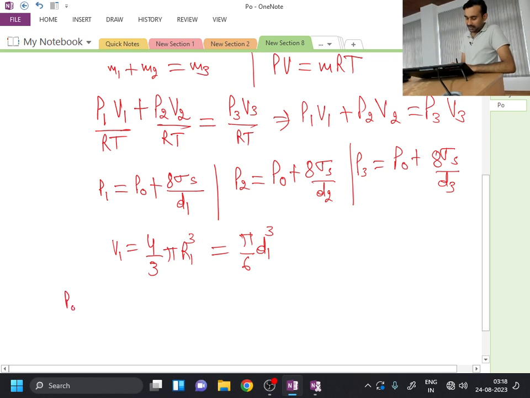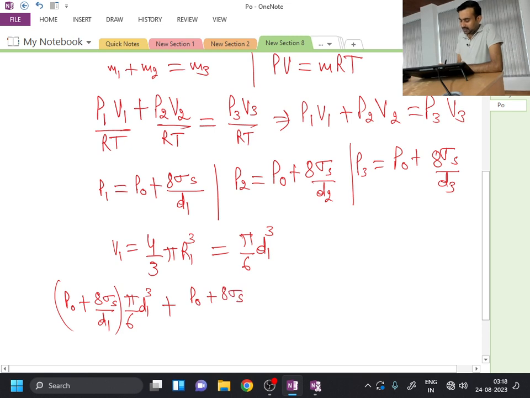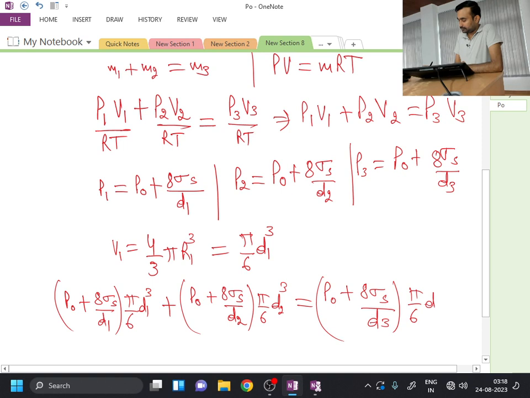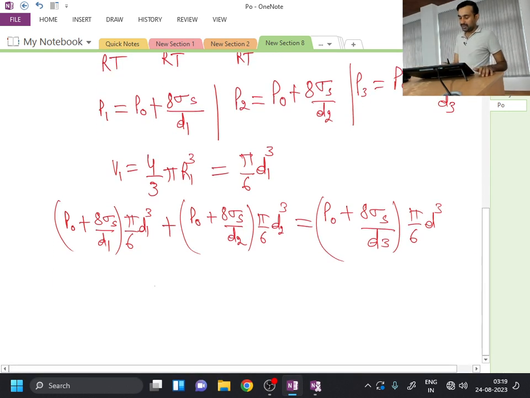Ultimately I get (P0 plus 8 sigma by d1) times pi by 6 d1 cube, plus (P0 plus 8 sigma by d2) times pi by 6 d2 cube, equal to (P0 plus 8 sigma by d3) times pi by 6 d3 cube. P0, sigma and d1, d2 are known to us, so from this equation I can calculate the diameter d3.